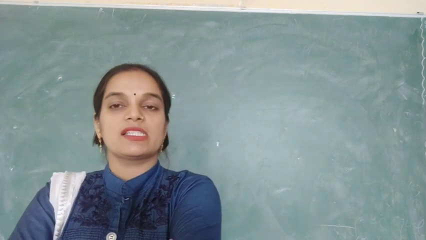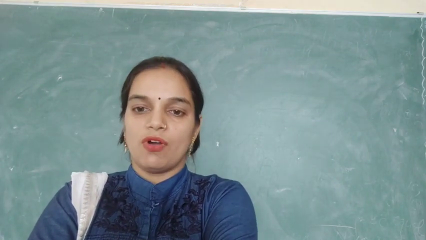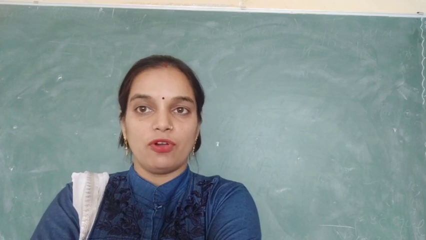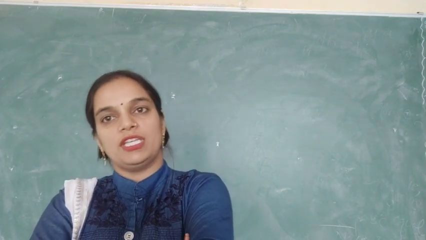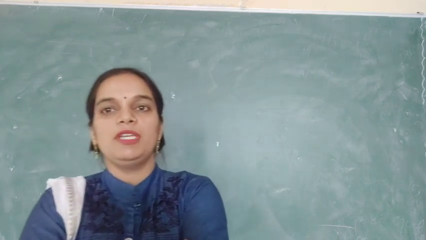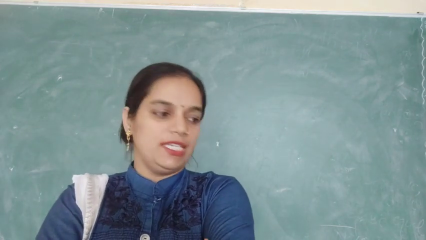Now let us discuss question number 1 of exercise 1.5, that is, classify the following numbers as rational or irrational. It means you have to tell whether the number will be rational or irrational. Let's start.